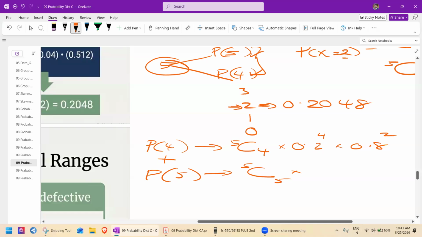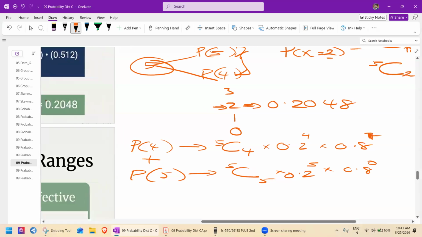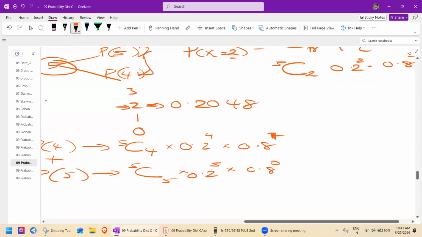And here 0.2 power 5, into 0.8 power 5 minus 5 equals 0. Right, 5 minus 4 equals 1. Now let us calculate the value of these two probabilities.